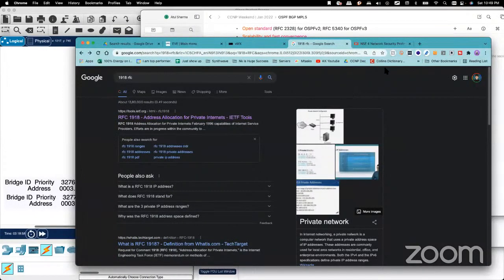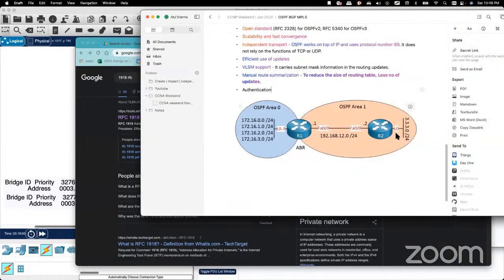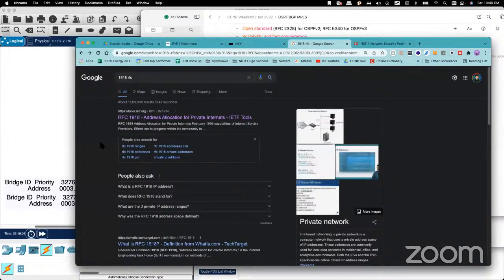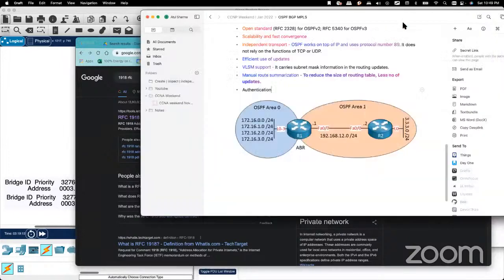Because suppose you run some protocol and you send a lot of routes, right? All customers use some private IPs, maybe hundreds of universities are using 172.16, correct? Okay.